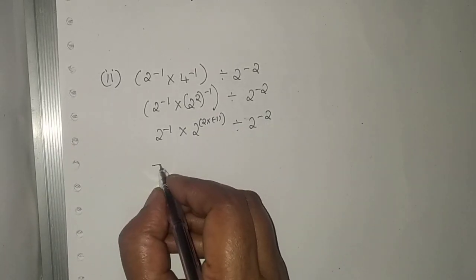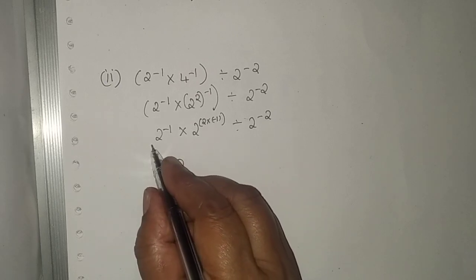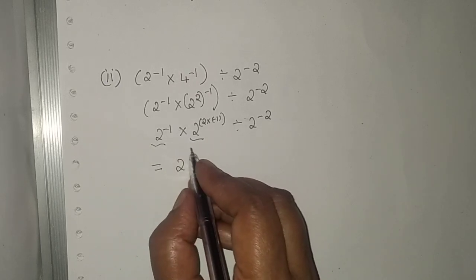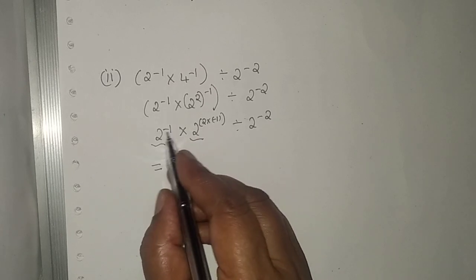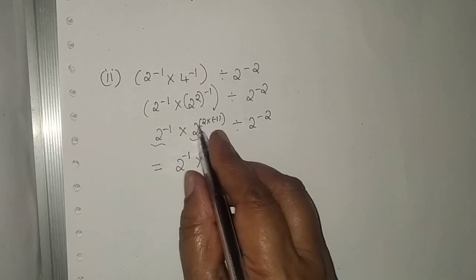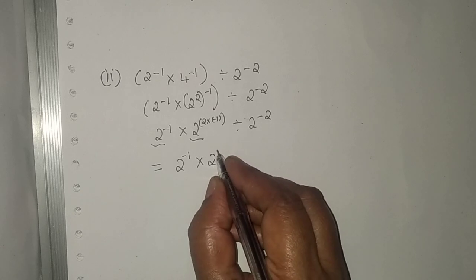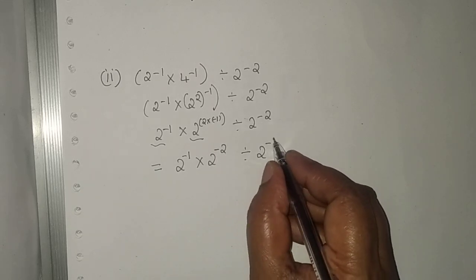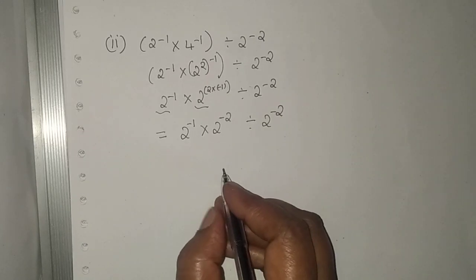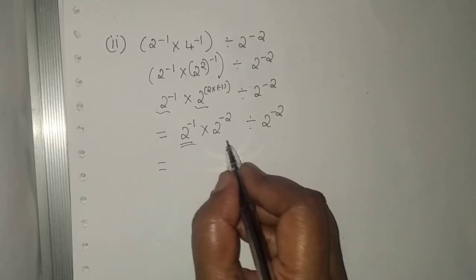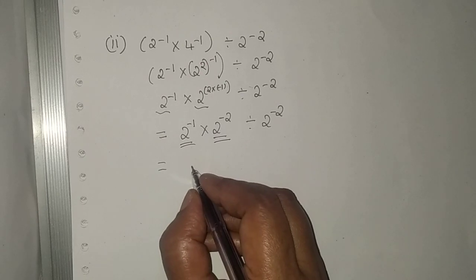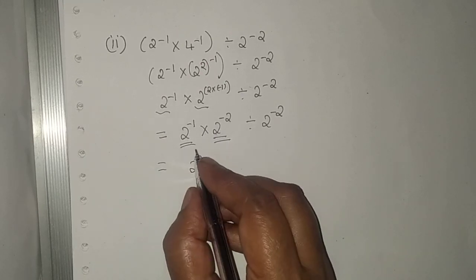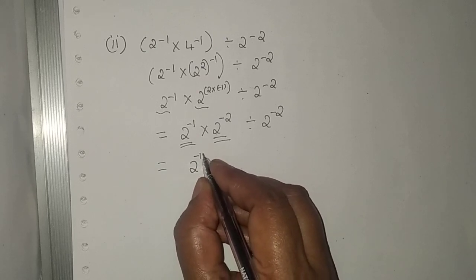Since the bases are common, we can write 2 as common and take the powers, that is minus 1 minus 2. Powers are different, divided by 2 power minus 2.